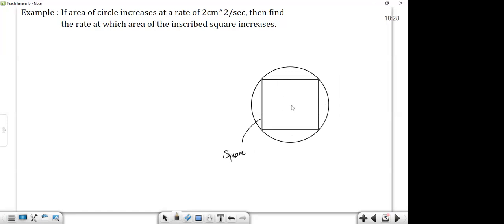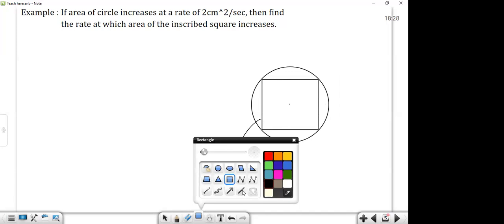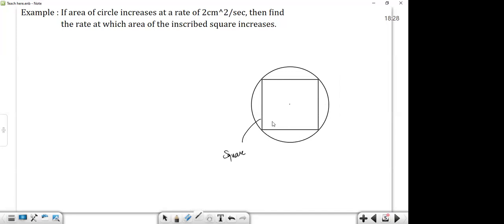So we know this must be the center. Let's draw the diameter of the circle. The radius of the circle is r. This is also r. So the diagonal of the square is what? 2r is the diagonal of our square.